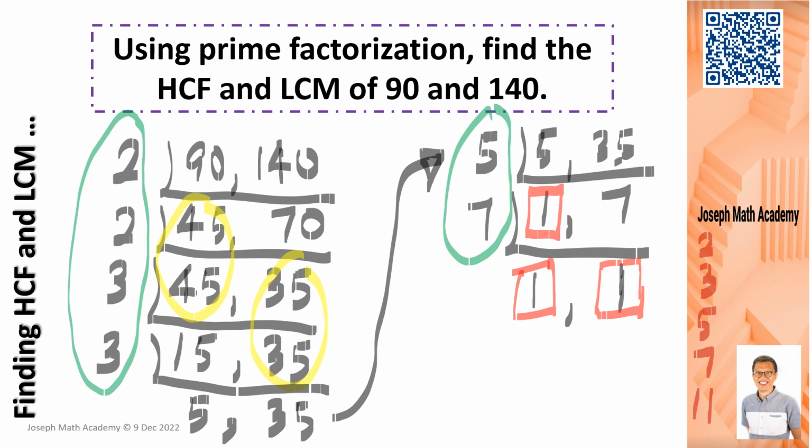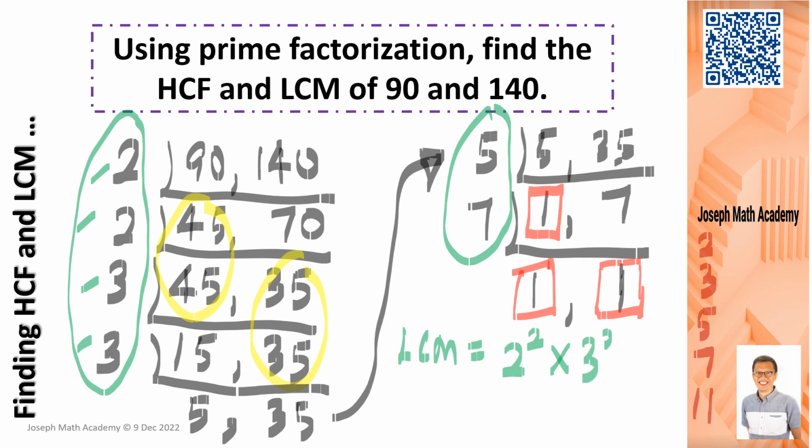So let's write down this in index notation. So let me write down properly. So LCM is equal to, now 2 appears how many times? Twice, right? So 2 to the power of 2 times 3 appears twice also.